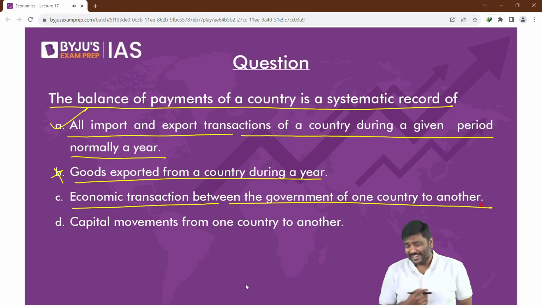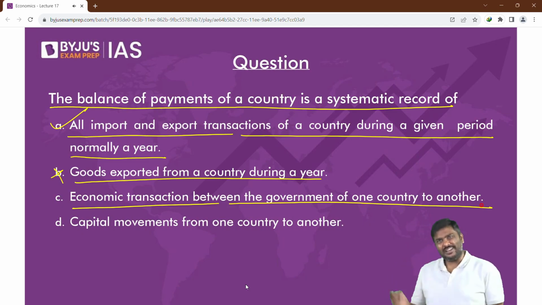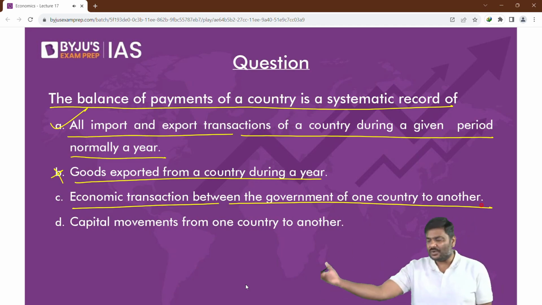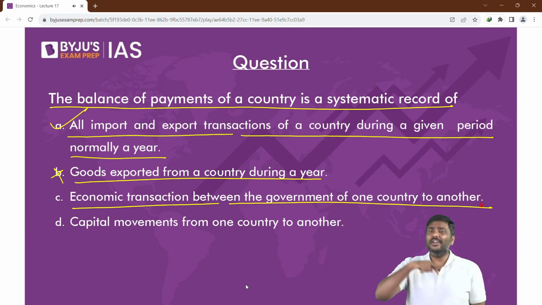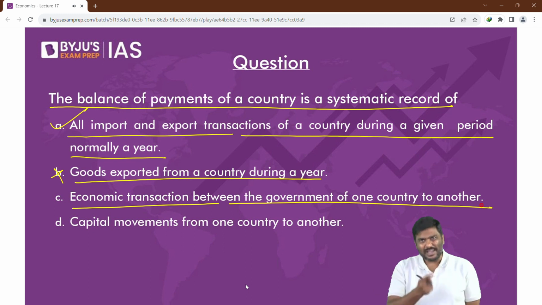Economic transaction between the government of one country to another. My dear, what about ECB? Tell me. Many of you are asking why not C? You tell me why should you choose C? Do you think balance of payment is a transaction between one government with another government? I think no, please think before asking me this question or even answering this question in the UPSC.